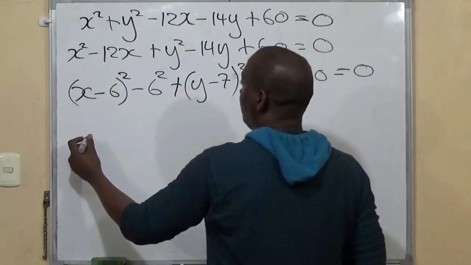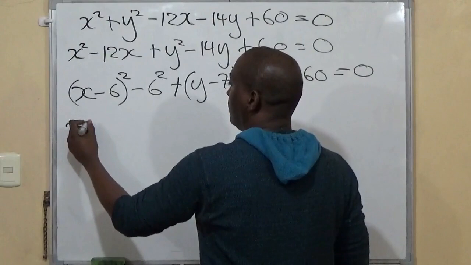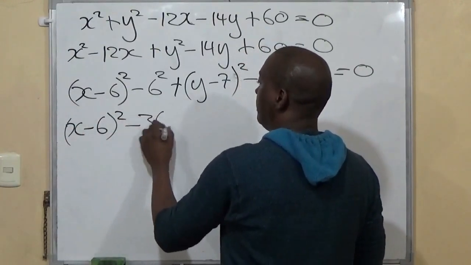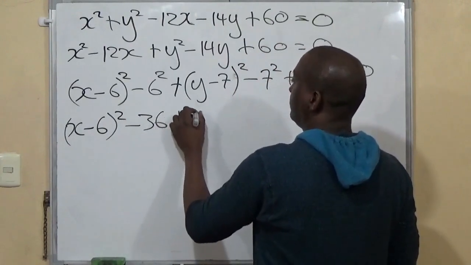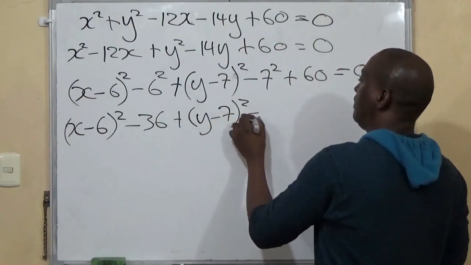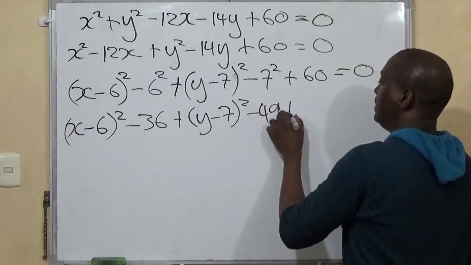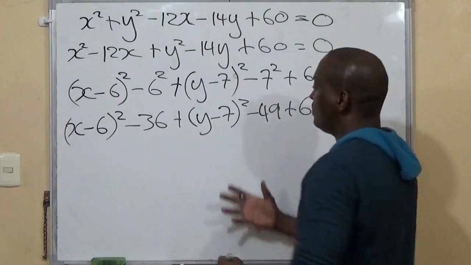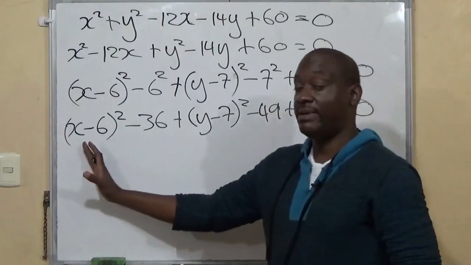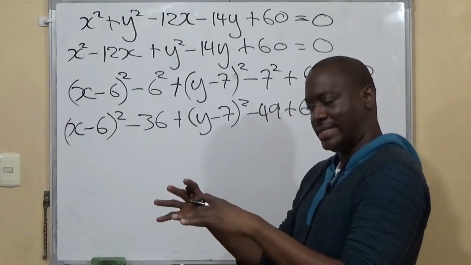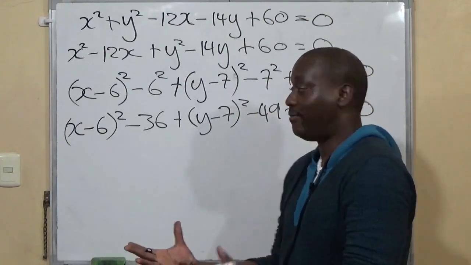So the next step here would now be what? x minus 6 squared minus 36 plus y minus 7 squared minus 49 plus 60 is equal to 0. Right. So at this stage, we can start bringing the x minus 6 squared and the y minus 7 squared together, so we can start to make it look like the standard form.